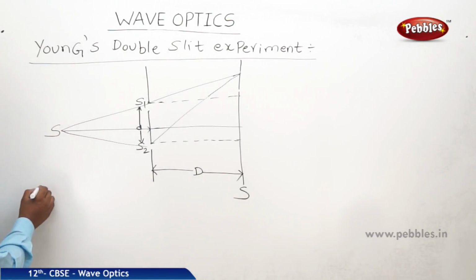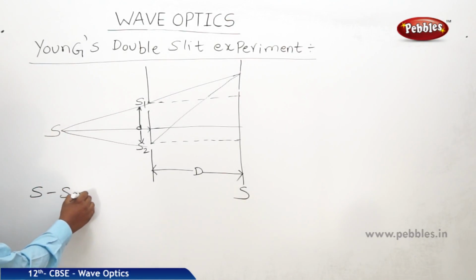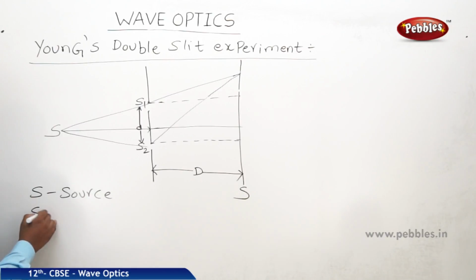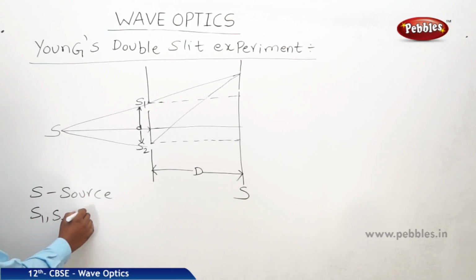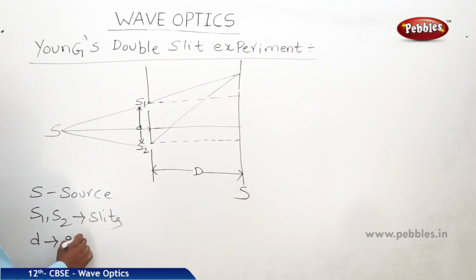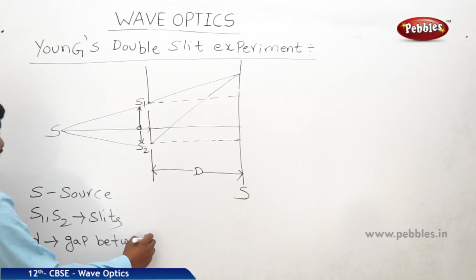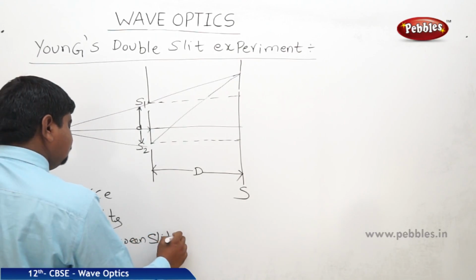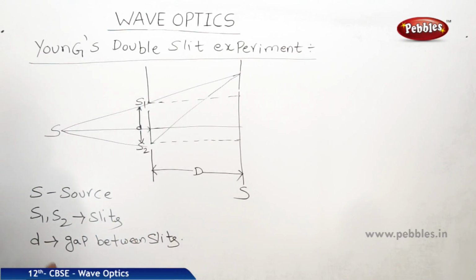So where S is source, S1, S2 are slits, d is the gap between slits, capital D is the gap between slits to the screen.